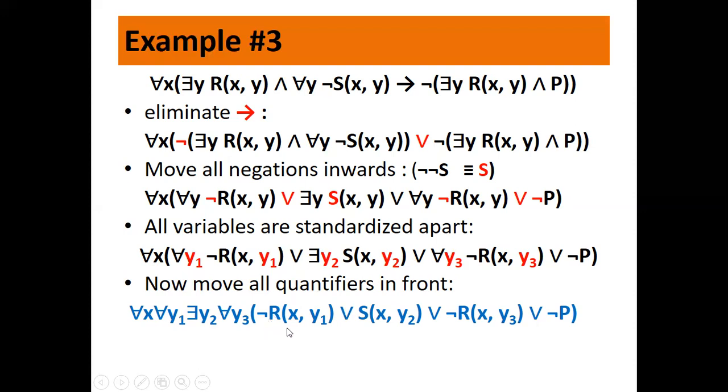There is negation of R(X, Y1) or S(X, Y2) or negation of R(X, Y3) or negation of P. So this is the prefix and this is the matrix. All the quantifiers are in front of the formula. So this statement is in prenex normal form.